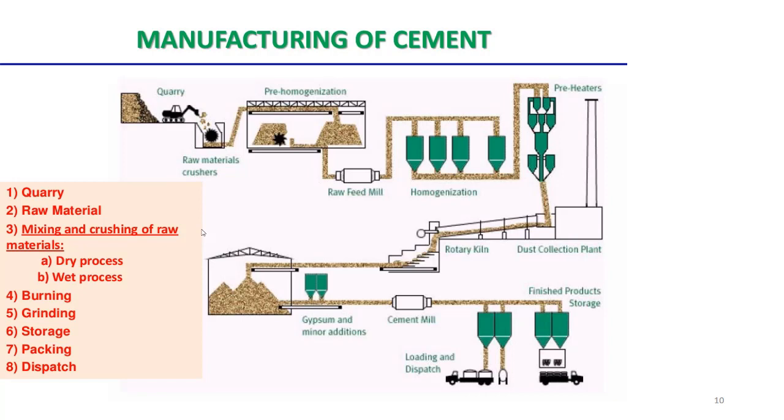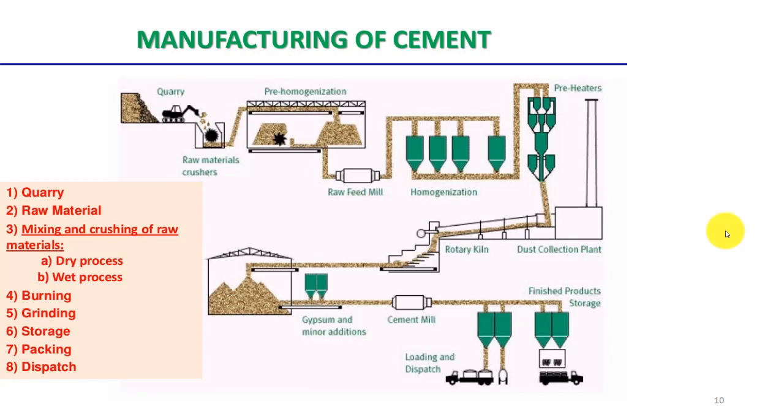First, we have to extract the raw materials at the quarry site. Then raw materials are crushed, ground and homogenized into some specific particle size, and then the crushed and ground materials are subjected to preheating.